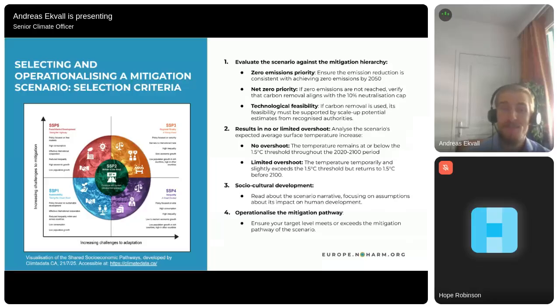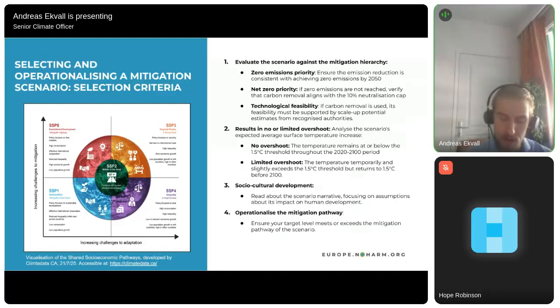This means enforcing a zero emission priority. Absolute reductions should be aligned with reaching zero emissions by 2050. And if zero emissions cannot be reached, we follow a net zero priority, verifying that the scenario follows a 90% reduction through emission reductions and that any planned carbon removals stay strictly within a 10% neutralization cap.